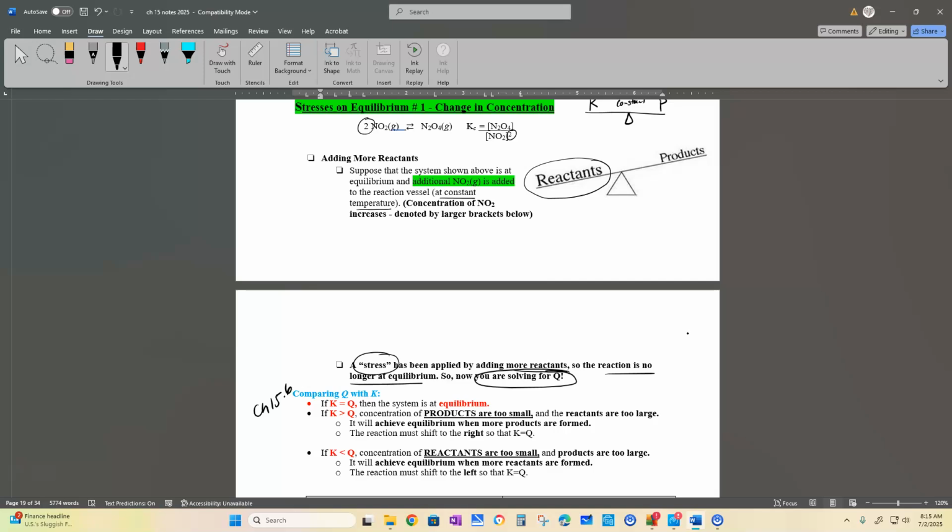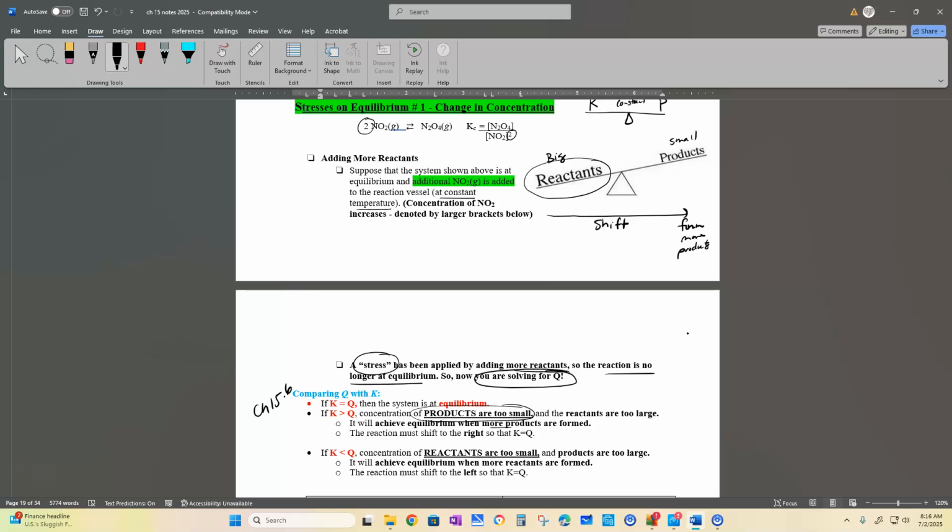So if I have too many reactants, right here my K is greater than my Q. I don't have enough products; I have too few products and too many reactants. To fix equilibrium, I'm going to have to shift to form more products, and by shifting, I'm going to shift to the right because that's where the products are.